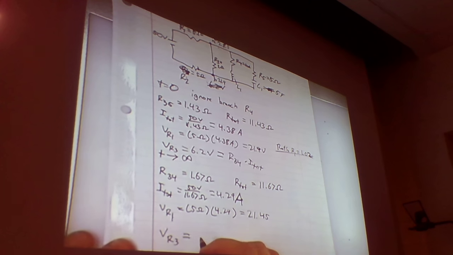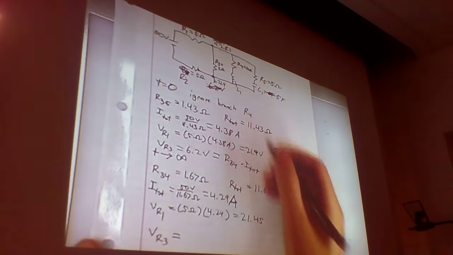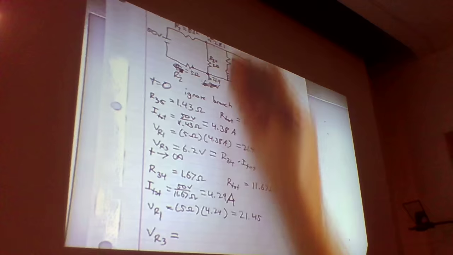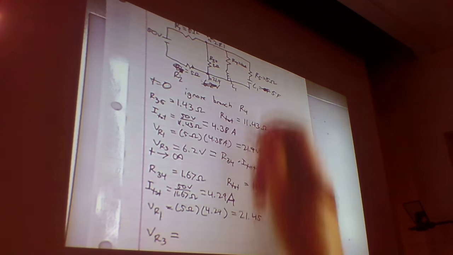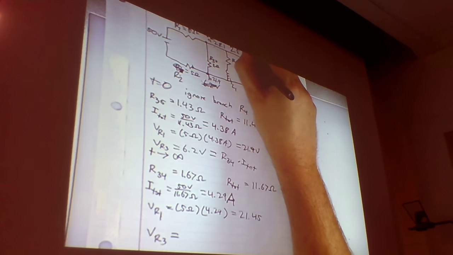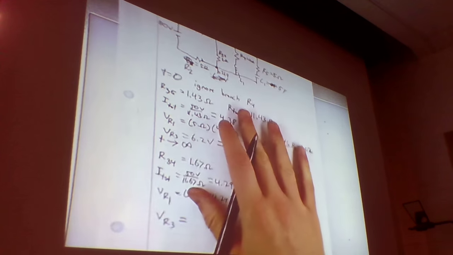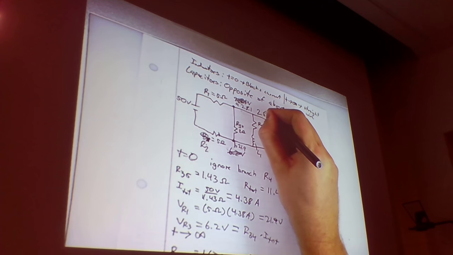In a similar manner, at point A here you'll end up with 50 minus 21.45, so here you'd end up with 28.55.